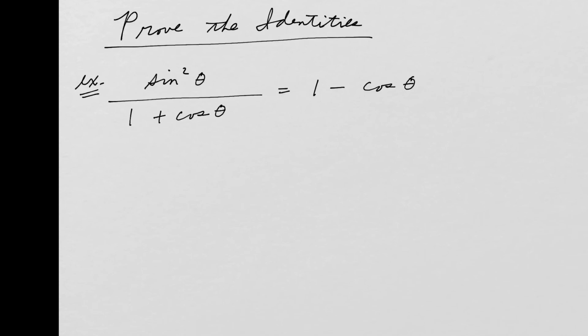So the way you typically go about this is you try and simplify the side that's more complicated to look like the side that's less complicated. So in this case, the left-hand side is more complicated.